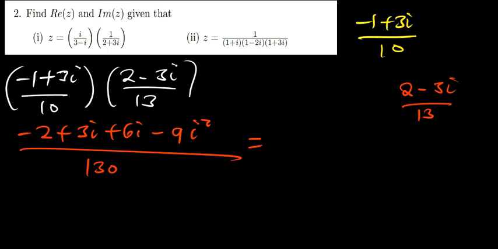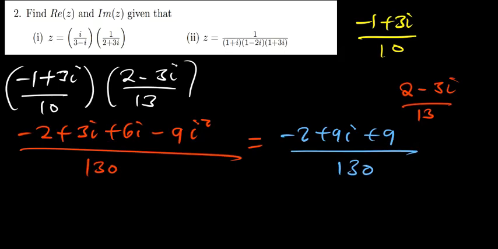Then I know that this part will give me negative 2. Those 2 will give me 9i. What else? I'll have now negative 9, then negative, so I can just say it is plus 9. I divide this by 130.